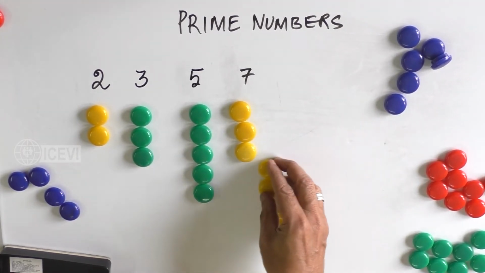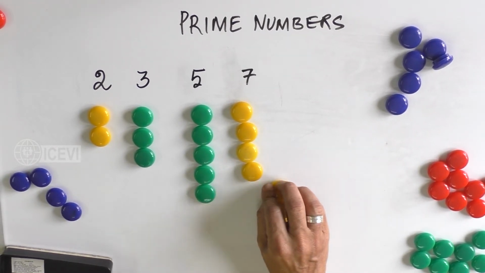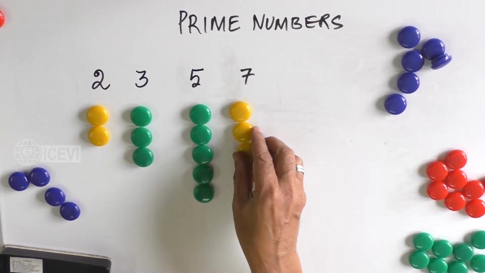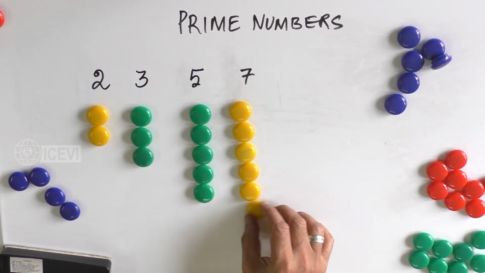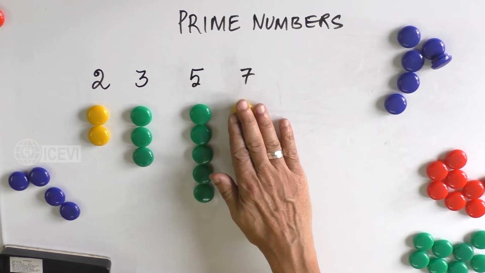So 2 is not a divisor of 7. Let us take 3 at a time. So you get 1 as a remainder. So 3 is not a divisor. 4 is not a divisor. 5 is not. 6 is not. So 7 is a prime number.